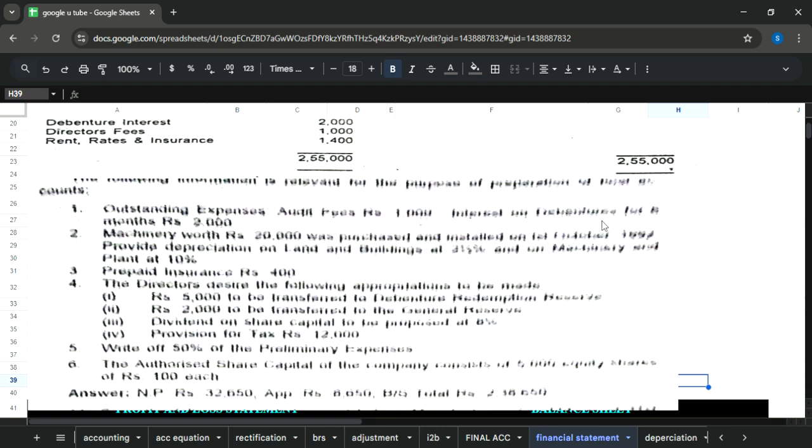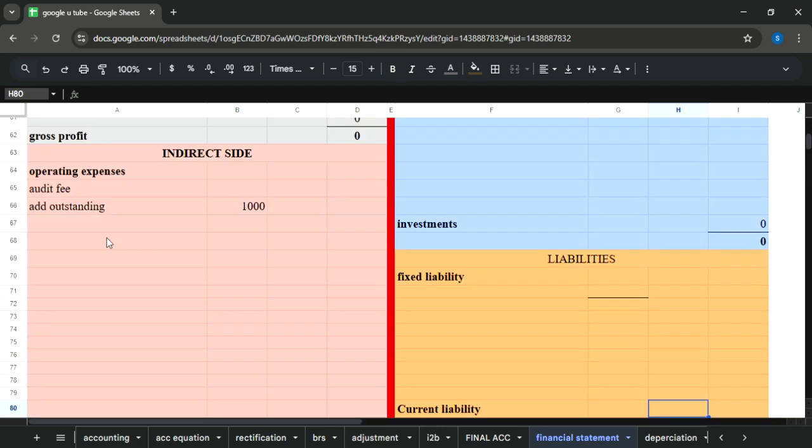Now, interest on debenture for 6 months. If you are unable to see the little blurry image, it's for 6 months for rupees 10,000. For interest on debenture, we will again go to operating expenses. Interest on debenture simple. Then we will see if there is any outstanding. But right now it is said 2000 is outstanding. First effect is completed.